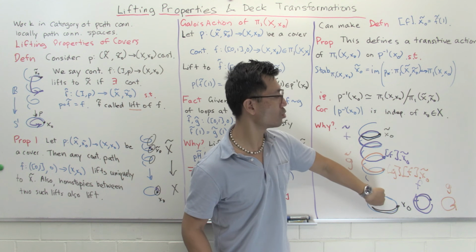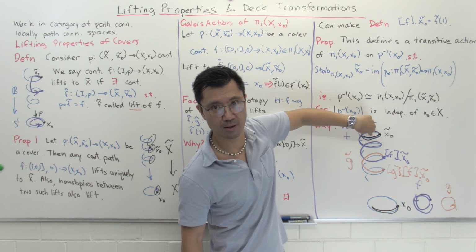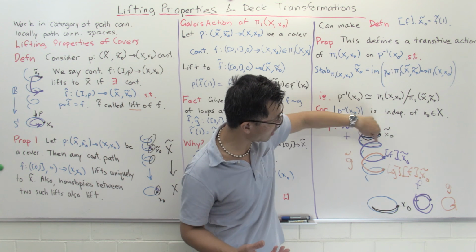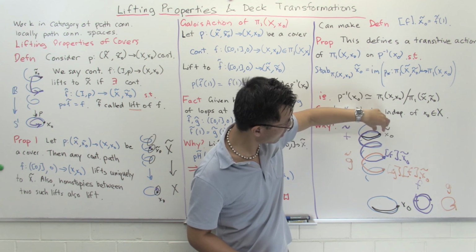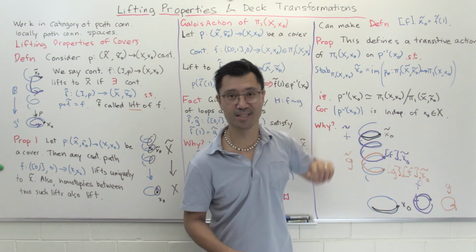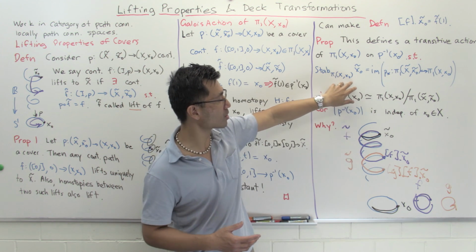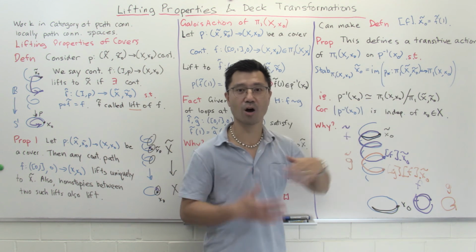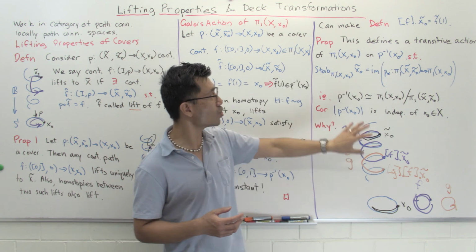You lift it to a path upstairs, but that's the original loop that you have here. And since it's a loop, its endpoint is the same as the original x0 tilde. And so applying the image of this loop to this x0 tilde leaves it at x0 tilde. And it's quite easy to see that actually the whole stabilizer has to be all those elements of that form, almost by definition.